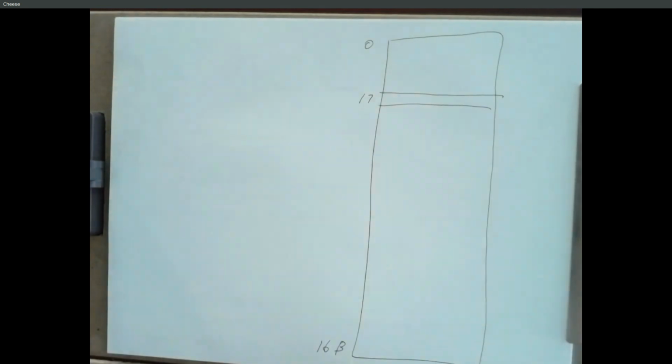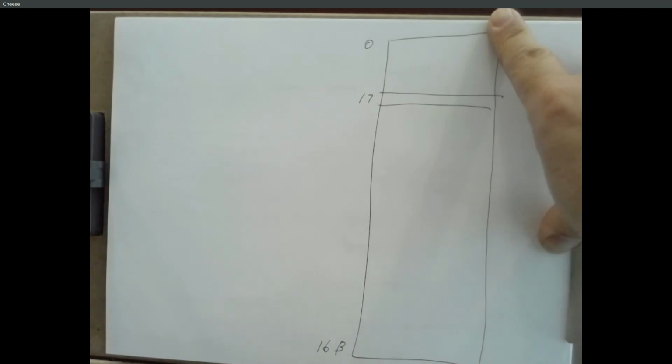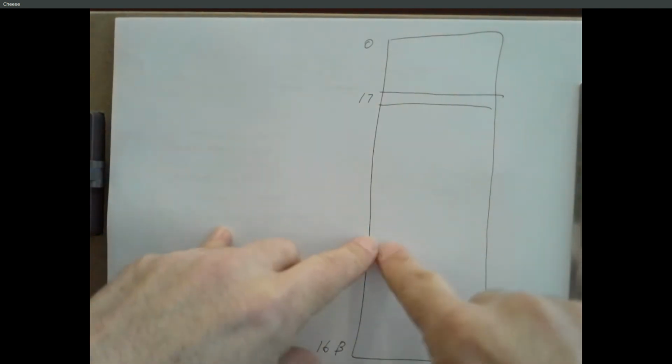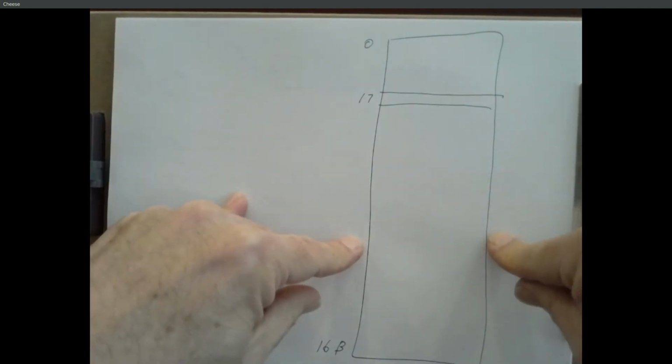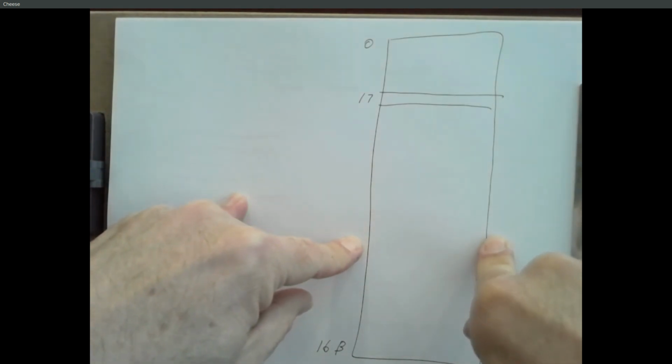Well, that's just the entry of element 17 in this 16 billion byte array. So main memory is kind of like an array. And when we say call malloc and give me the address of a node, it's kind of giving us the address of an index to an entry in this big array of 16 billion bytes.